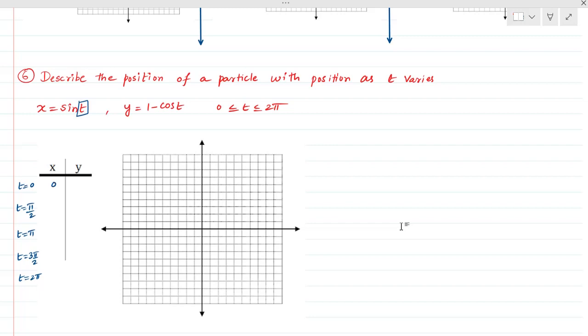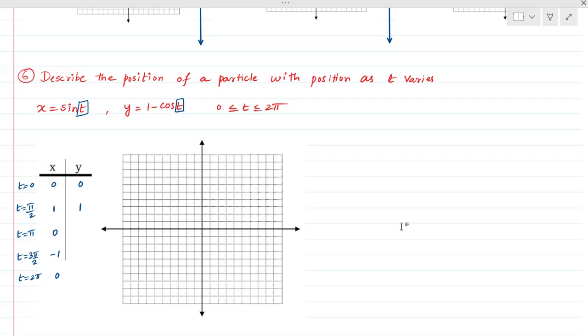Now when I substitute this value here, x is 0, 1, 0, again minus 1, 0. Now when I substitute the t value in y, cosine 0 is 1, 1 minus 1, the value will be 0. Next, cosine 90 is 0, 1 minus 0, which is 1.